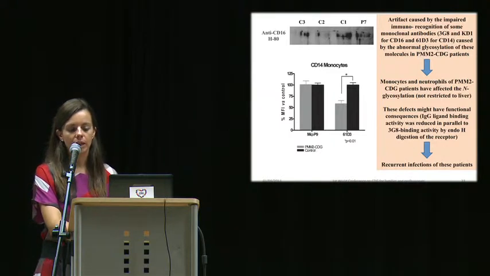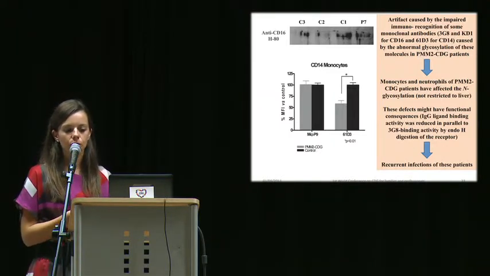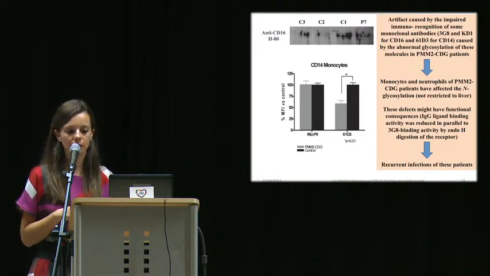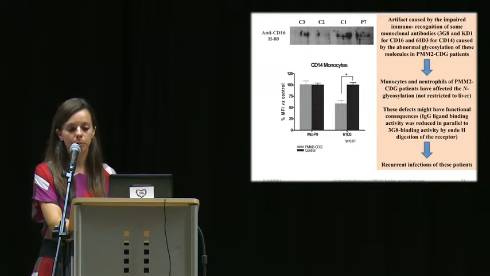In other words, monocytes and neutrophils of PMM2-CDG patients seem to be affected in the N-glycosylation. So this defect is not restricted to the liver.